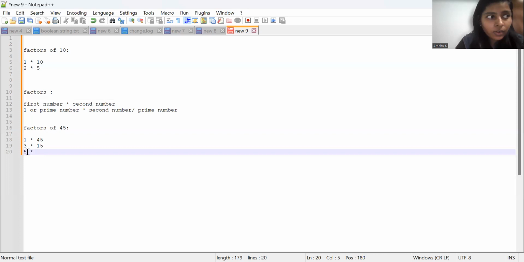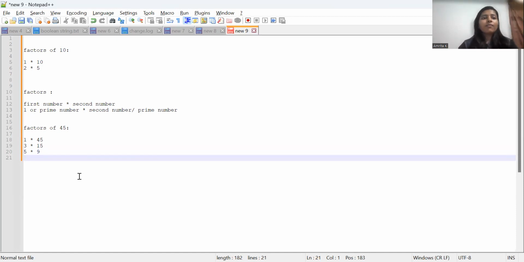So 5 into 9 is 45, okay? So we have divided 45 by 5, that gives us 9. You can check it on your calculator. So 45 divided by 5 is 9. Okay. So in the same way, we will find the factors of any number.